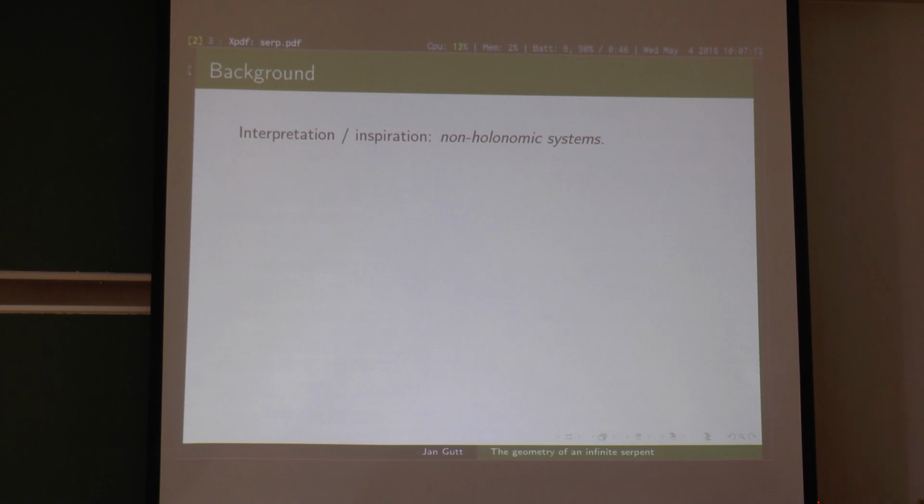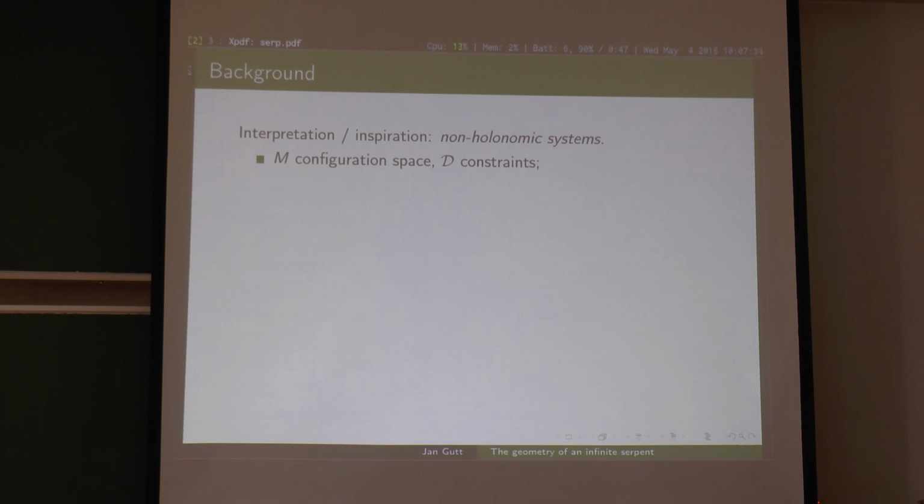So here's the interpretation and inspiration, and this is where we touch physics, and perhaps the only point of tangency with physics. So usually we interpret such a system as such a mathematical object as a non-holonomic system in some sense. So the manifold M is viewed as a configuration space.